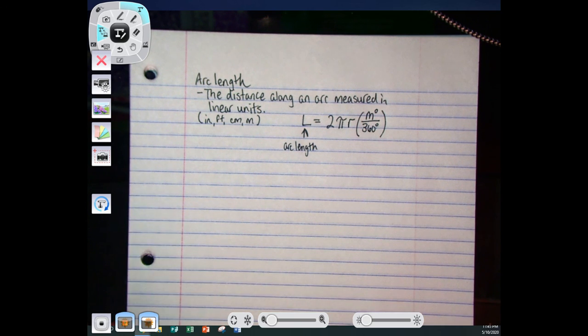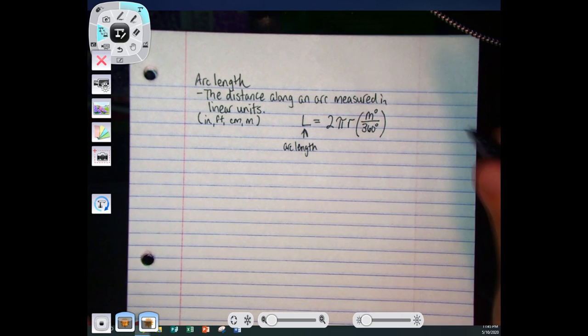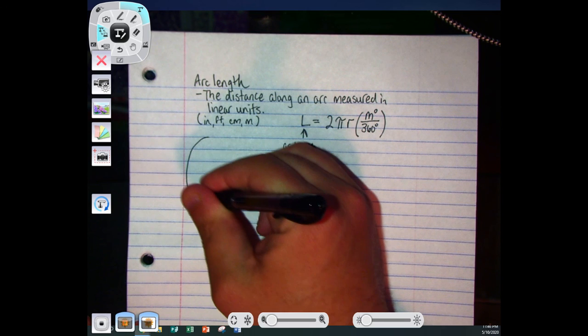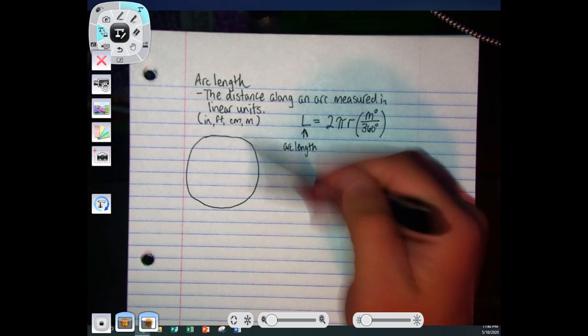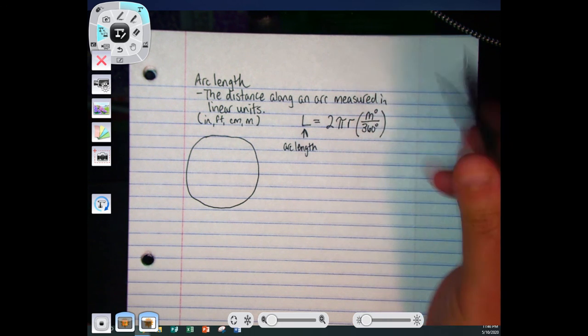Remember, the circle has 360 degrees, and to find the circumference of the circle, we do 2 pi r.